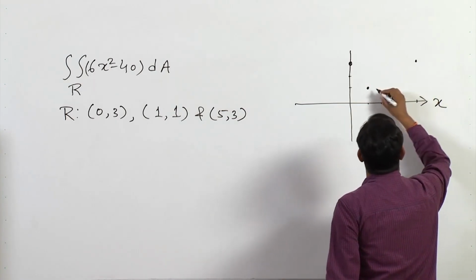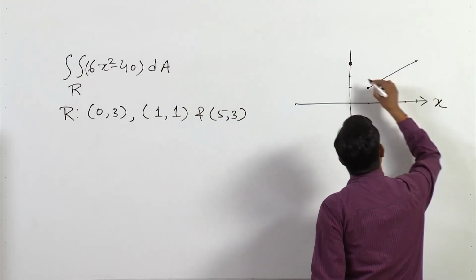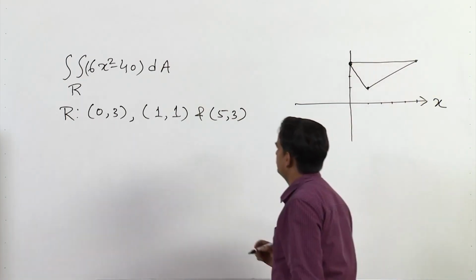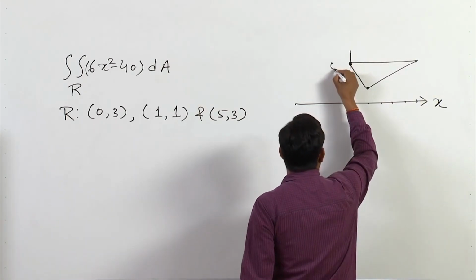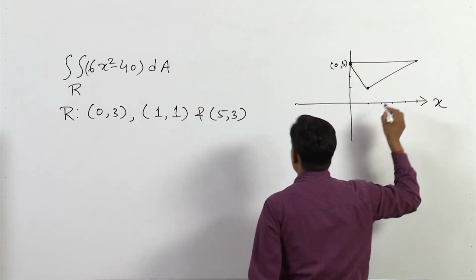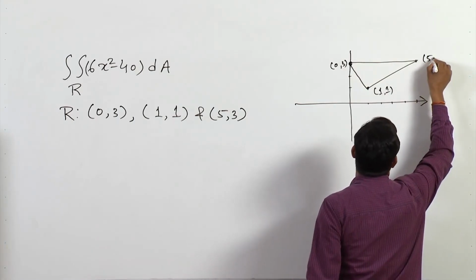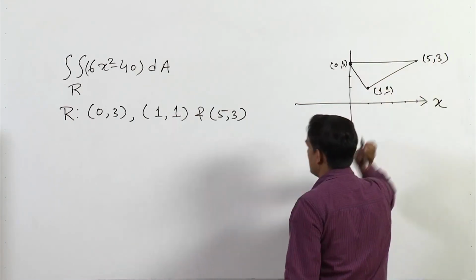So I have this triangle as my region of integration, with vertices (0, 3), (1, 1) and (5, 3). This is the region R.